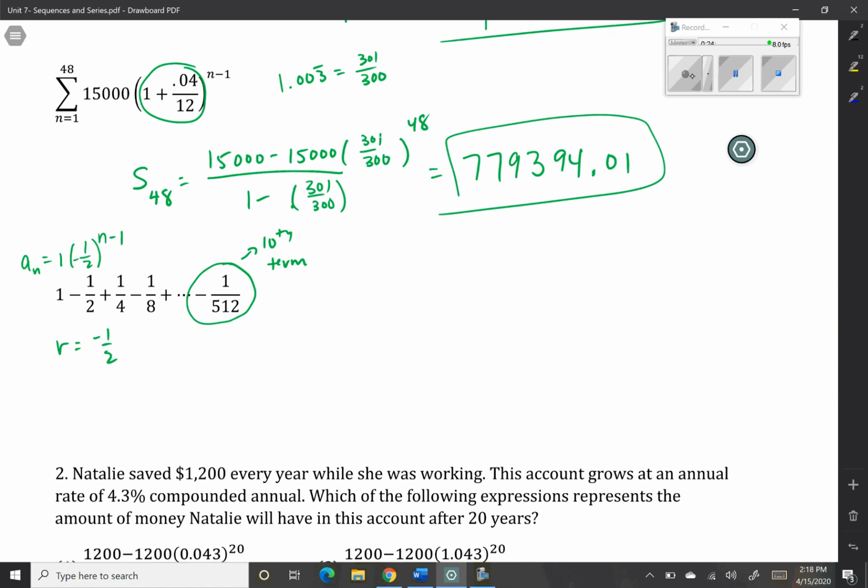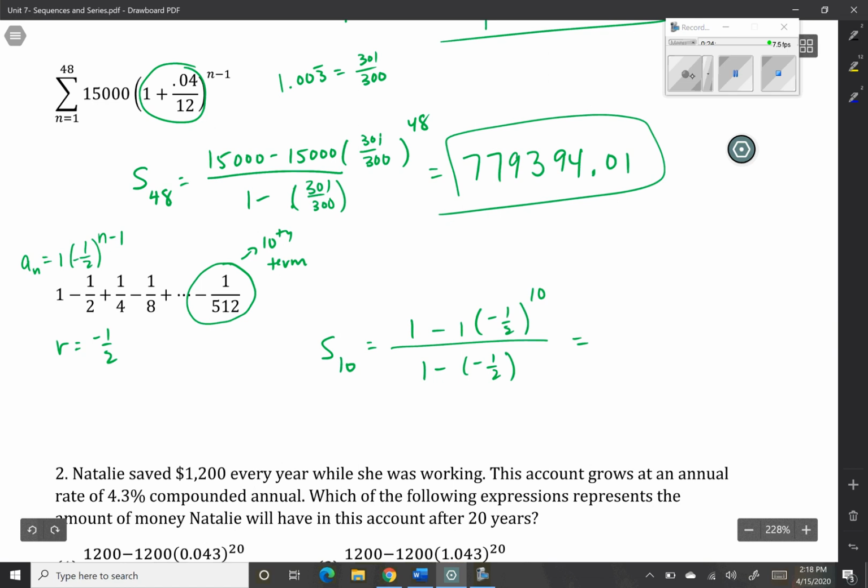So what this question is asking us to do is find the sum of these 10 terms. The first term is 1. Common ratio is negative 1/2. And I'm just asking you to plug that into the calculator. So try it and see what you get, right? Make your fraction: 1 minus 1 times negative 1/2 to the 10th power divided by 1 minus negative 1/2.